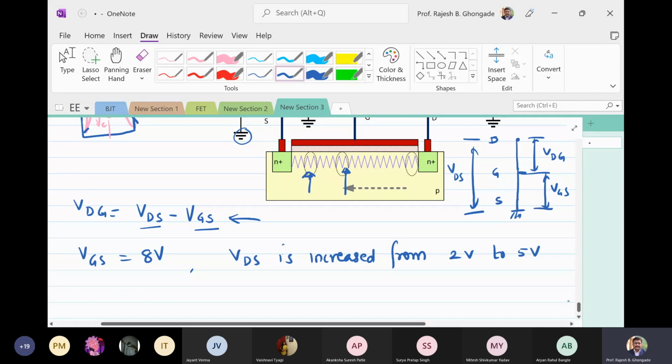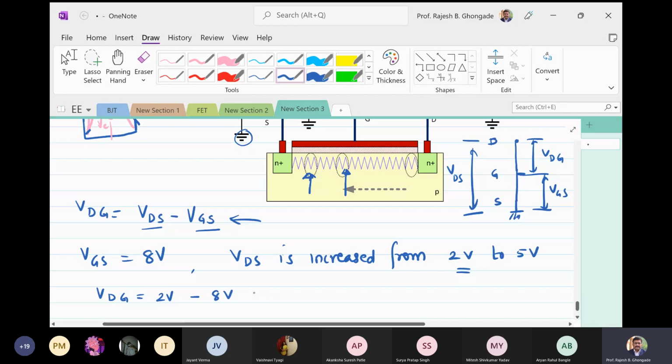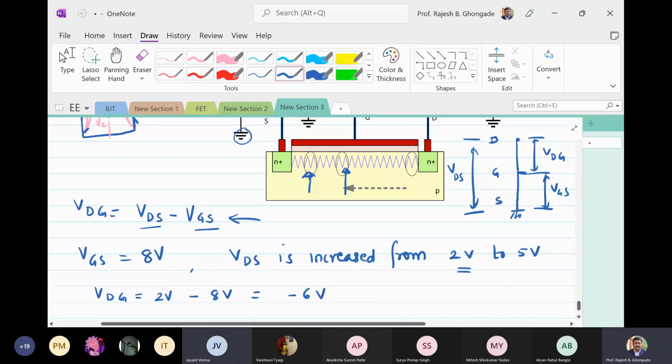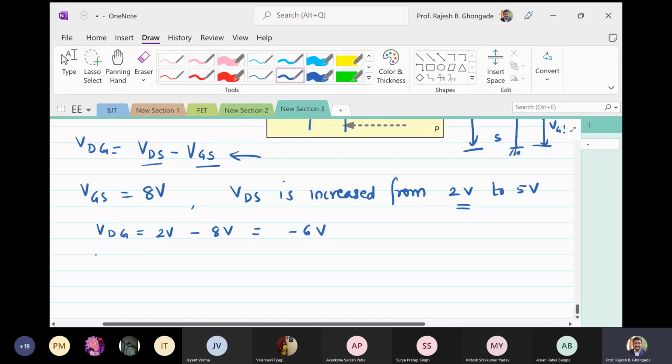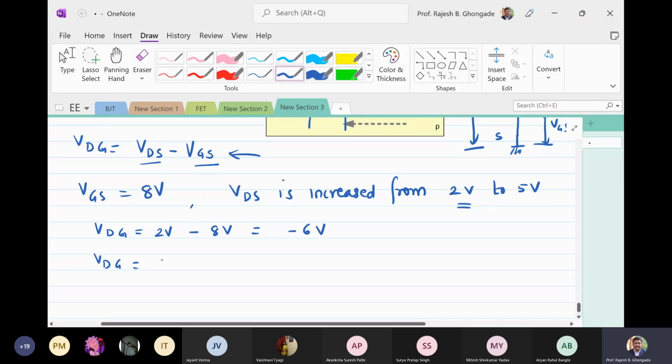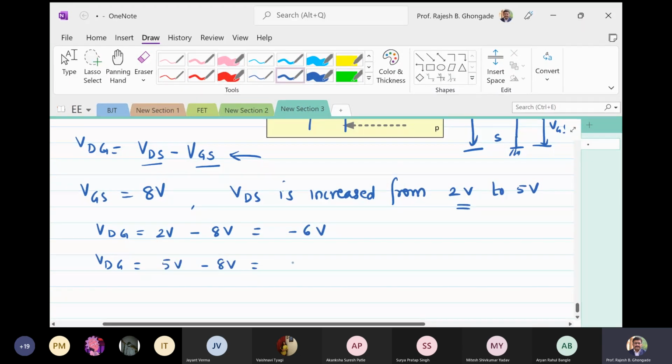So here, what will be the value of VDG? From this equation, VDS minus VGS, right? Earlier we had VDS as 2 volts and VGS as 8 volts. That gives me minus 6 volts. And in the second case, it will be 5 volts minus 8 volts. That gives me minus 3 volts.